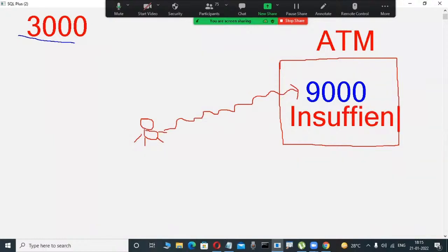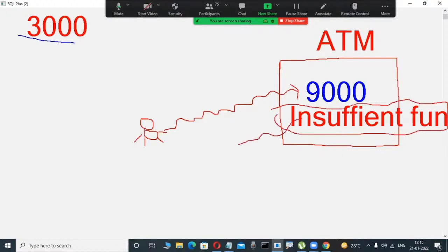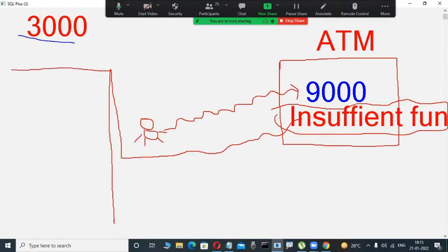Why? Because here your balance is low, 3000, but you are trying to withdraw more than 3000, that is 9000, 8000, 7000 like that. How is it possible? In that case only, the insufficient funds message will be displayed. But how does the ATM center know this? Actually, same like you, some software engineers write the coding, that is important.